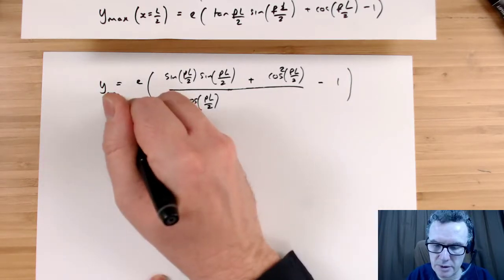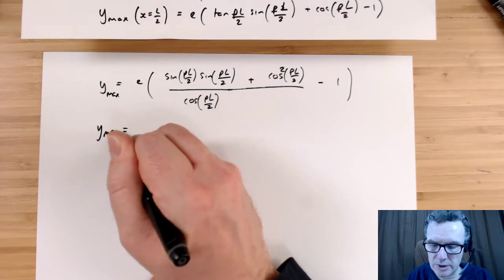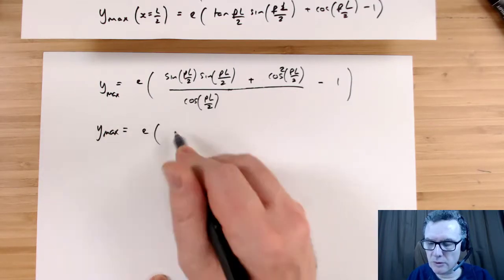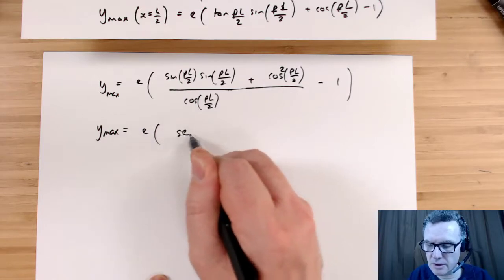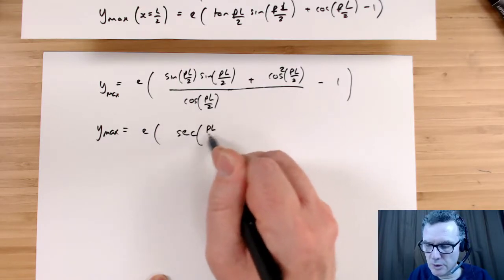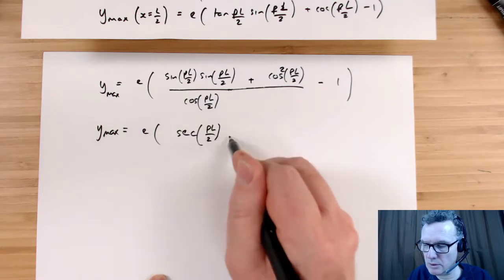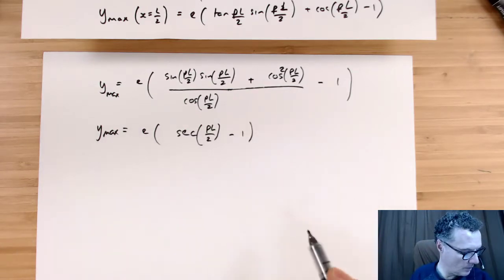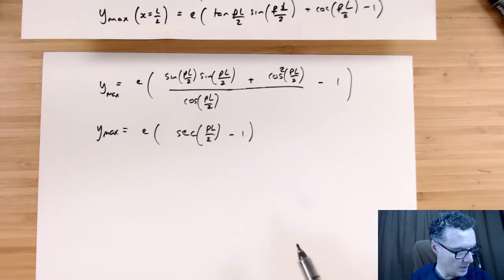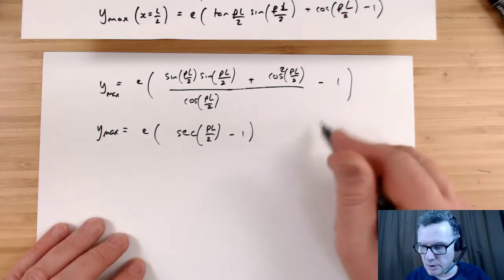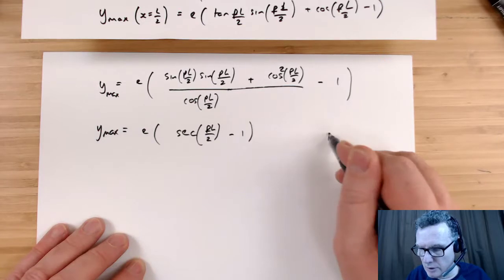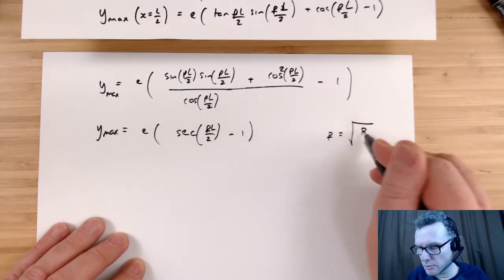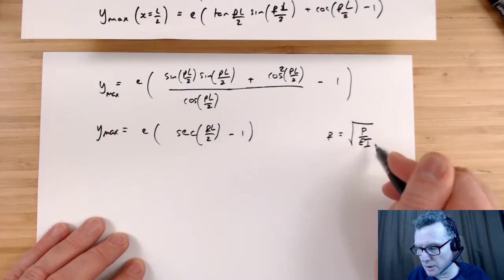So I get my final result. This is max. So y max equals E, 1 over cos is a sec, PL over 2, take away 1. Now let's go back and substitute. Remember, we're dealing with little p's, so little p's are square root of big P over EI.